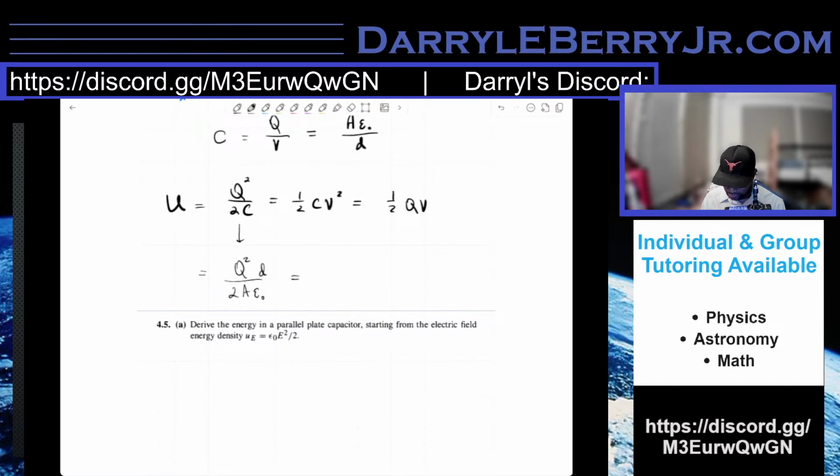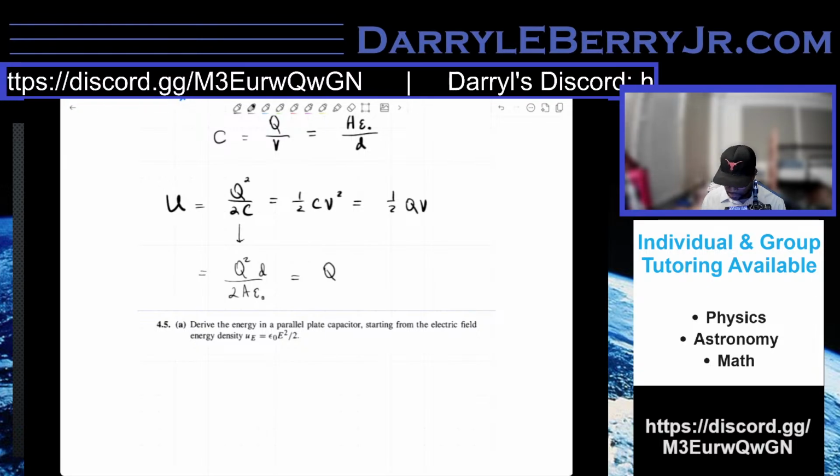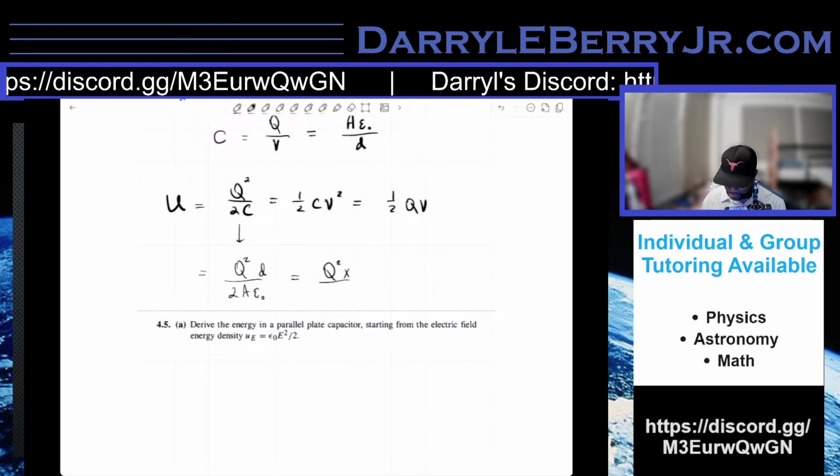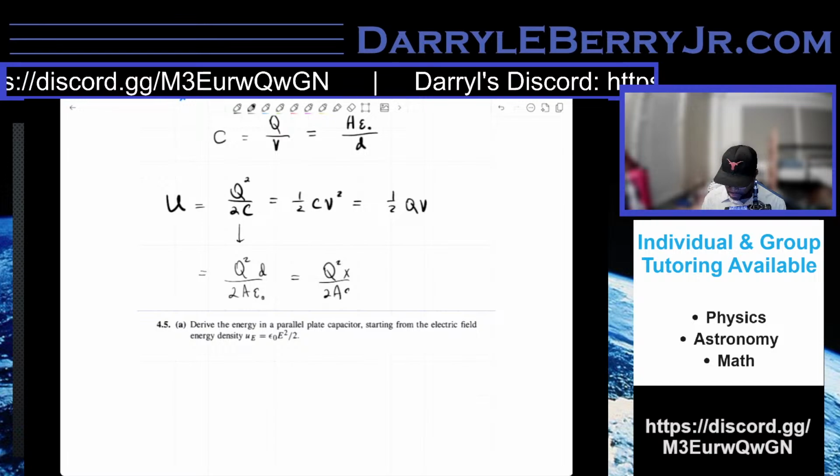We know the distance is going to be X, so U equals Q squared X over 2A epsilon naught.